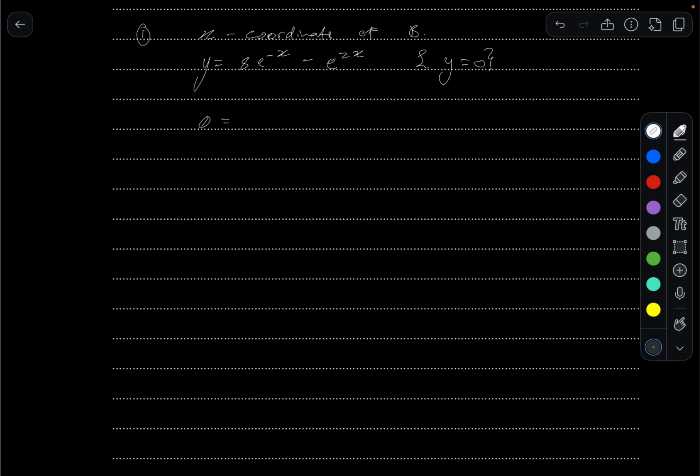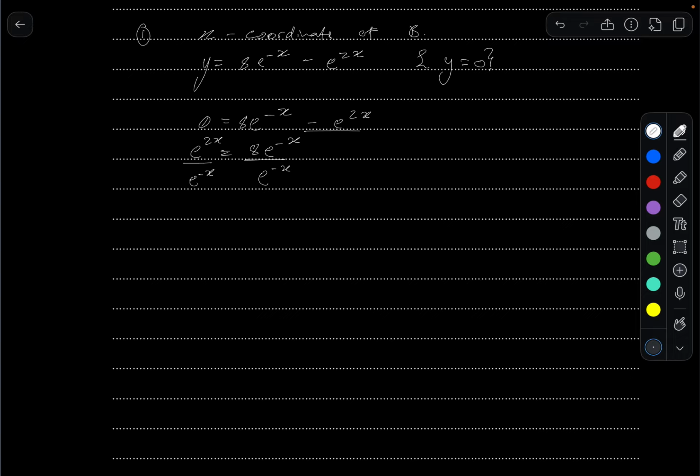So say y equals 0, 8 e to the power of negative x equals e to the power of 2x. Now, with this part, we just move it to that side, because it's negative. So e to the power of 2x, and then we have 8 e to the power of negative x. Now I'm going to divide both sides by this part. You can do it in other ways, but I prefer this way.